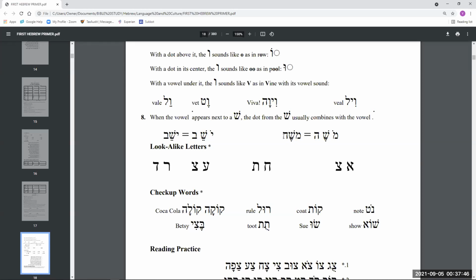So in this example here, it would be Moshe instead of Mashe. It would be Mo, because they're combining that dot over the shin, that consonant is taking it as a cholam. And remember, this is the usual combination when a consonant precedes that shin.